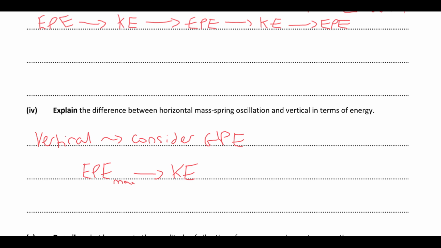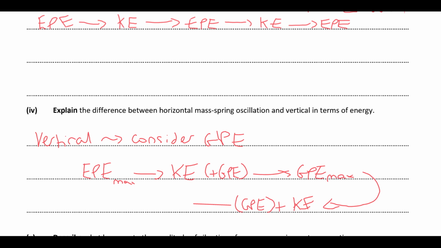And then if it's going upwards, it would also gain some GPE, and that would all be transferred into maximum GPE at the top. This would then be converted back into kinetic energy, and then some GPE still, because it hasn't reached its lowest position, and then back to EPE max. So this is the energy it has at different points in the cycle in a vertical, and in horizontal it doesn't have these GPE terms.